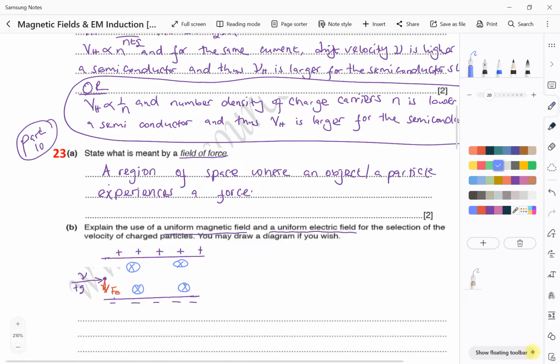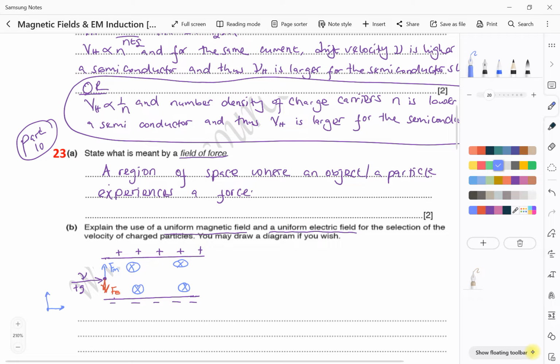I've put it into the page because if the particle is entering in this direction and the field is into the page, the first finger points into the page, and by Fleming's left-hand rule the thumb is going to be pointing upwards. So the magnetic force is going to be upwards. The force due to the magnetic field, I can call it Fm.